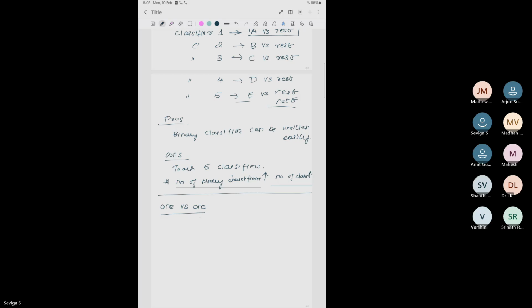The idea is to look at each pair of classes in our data and build a classifier for just those two classes. Suppose you have classifier A, B. We have class A, class B, class C.